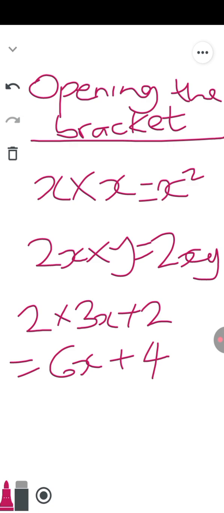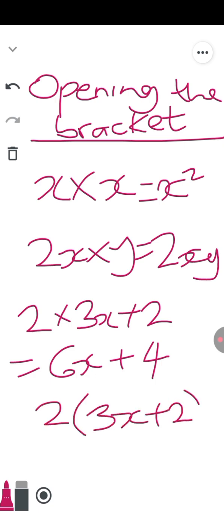Is that okay now? So the better way you can write this to avoid confusion is to say 2 multiplied by 3x plus 2. Okay? 2 multiplied by what? 3x plus 2. So the bracket represents what? Multiplication. In mathematics, brackets represent multiplication.